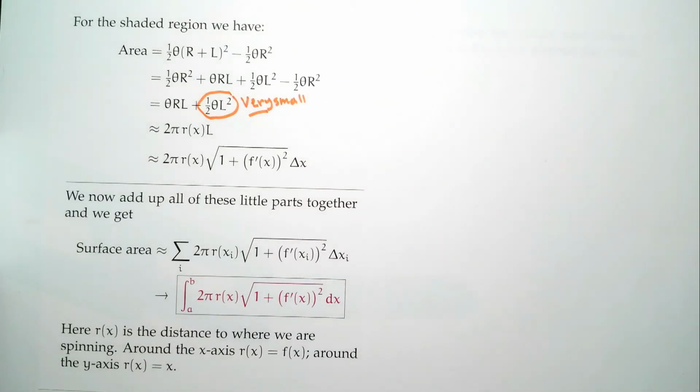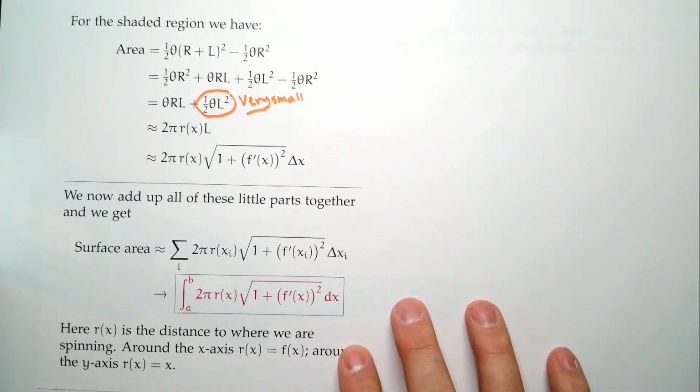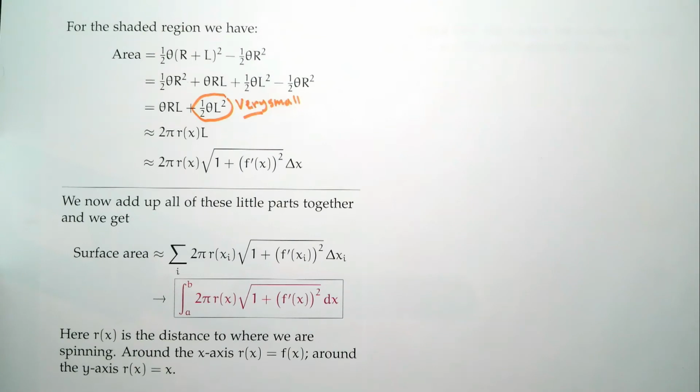We now know how to handle one small piece. And our philosophy says if you can handle one small piece, to get the total, you add all the pieces together. So our surface area is about what happens when we add all our pieces up. And of course, as we take a limit, our individual parts become smaller and smaller, which means that our approximation gets better and better, and so it goes to the correct value.